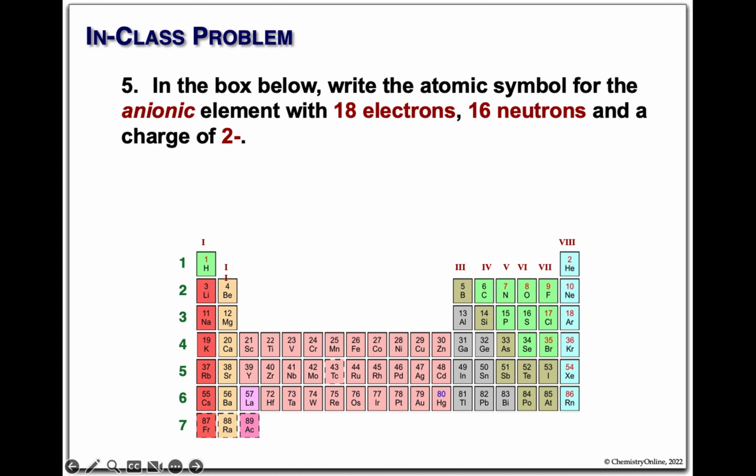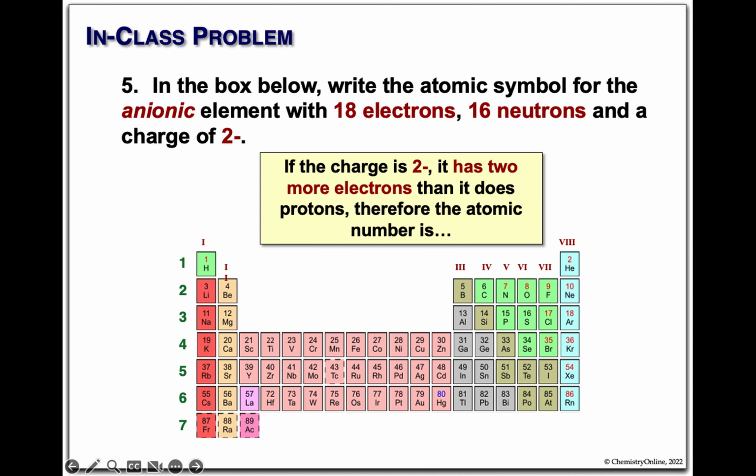That means it has a negative charge. That charge is -2. This means it has 2 more electrons than it does protons. So, if it has 18 electrons, that's 2 too many. Must have 16 protons, and that makes it sulfur.